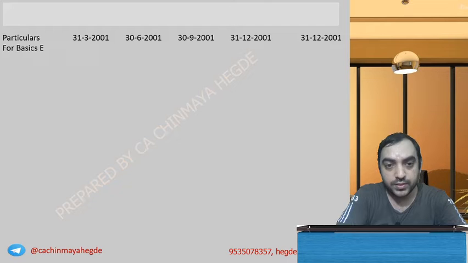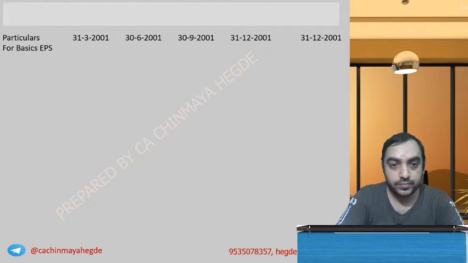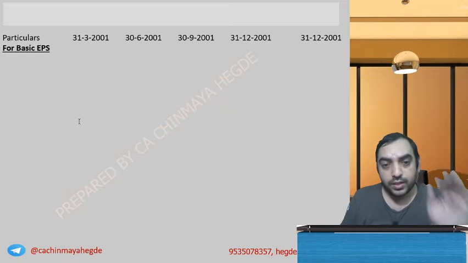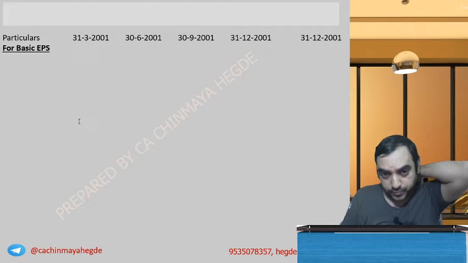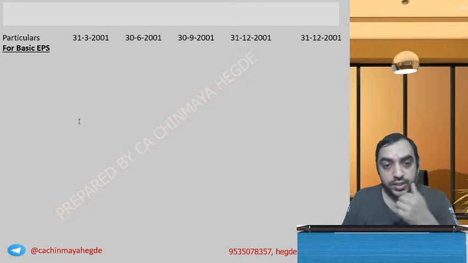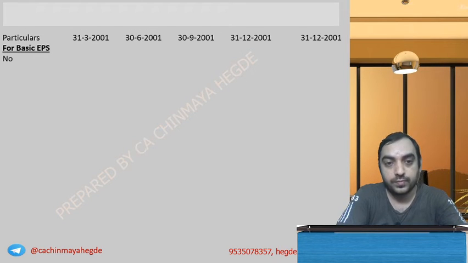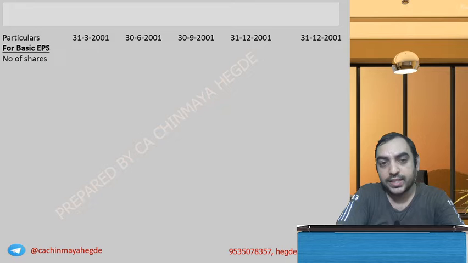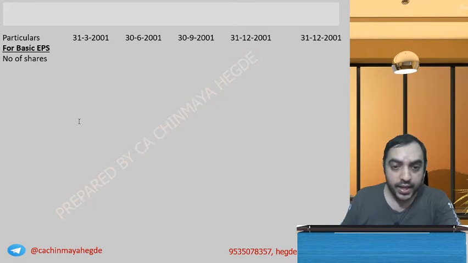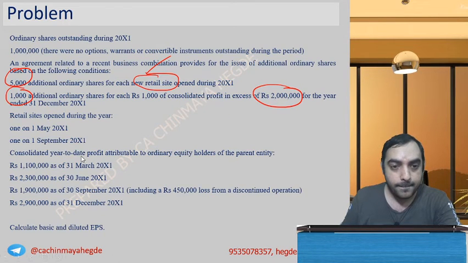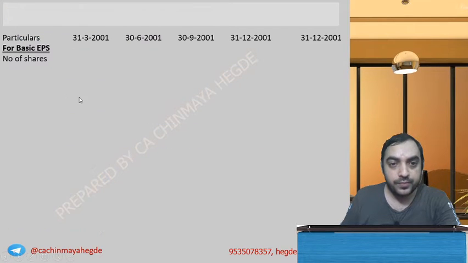For basic EPS, first we have the number of ordinary shares, the existing shares. How many shares did we have? 1 million, 10 lakhs.